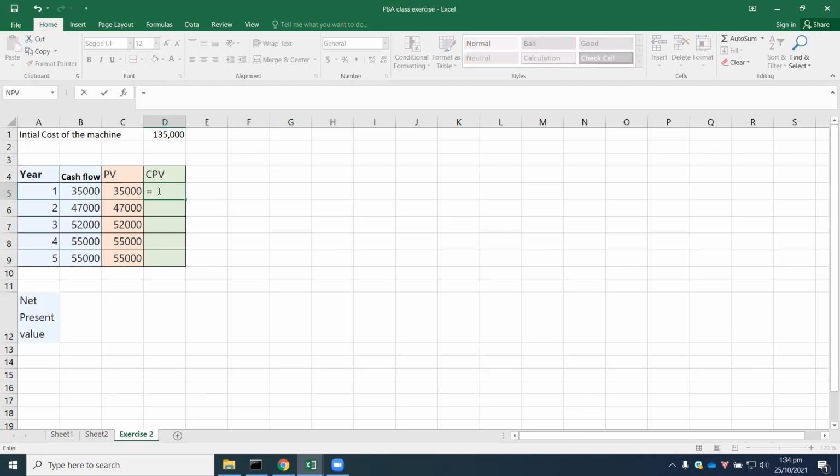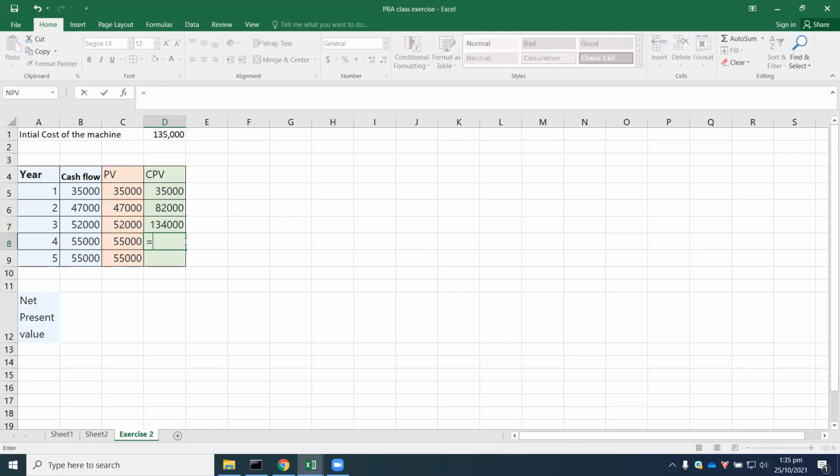Now let's find out the cumulative present value. So 35,000 here for year 1. For year 2, it's the cumulative present value for year 1 plus the present value for year 2, which gives you $82,000. Year 3, cumulative present value for year 2 plus present value for year 3 gives you $134,000.